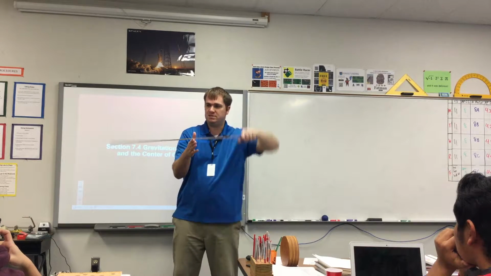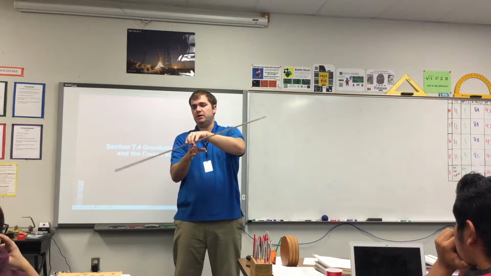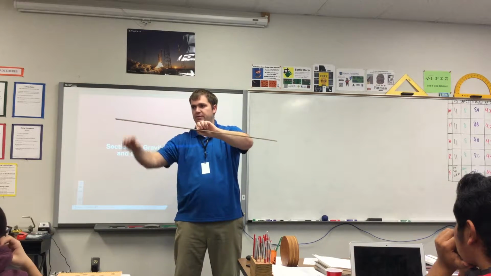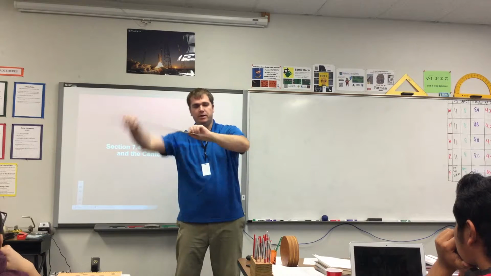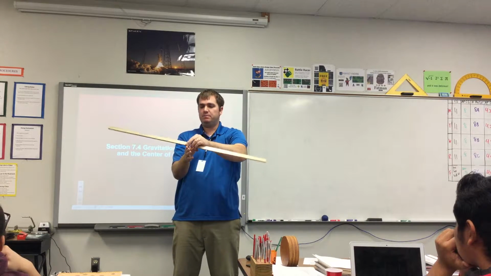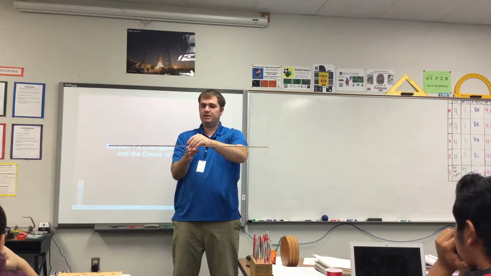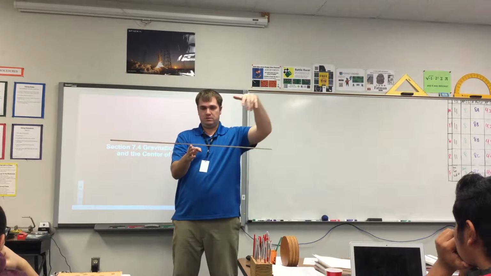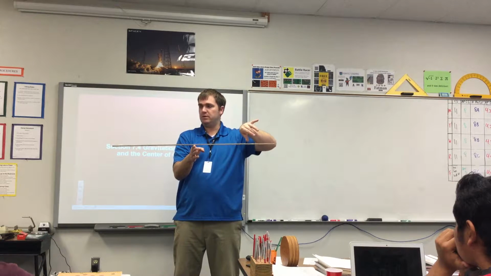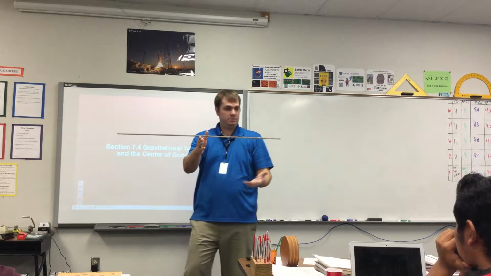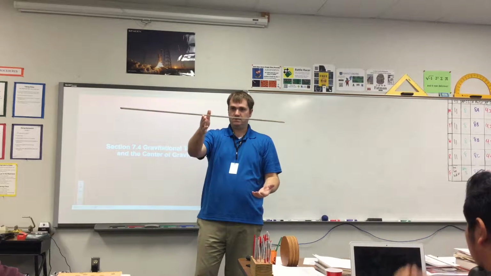They are wanting to spin this meter stick this way, and all of these over here are being pulled down by gravity. They're exerting a torque and wanting to pull it this way, but if I'm able to put my support right below the center of gravity, then they will completely cancel each other out, clockwise and counterclockwise, and it'll be totally balanced. Does that make sense?